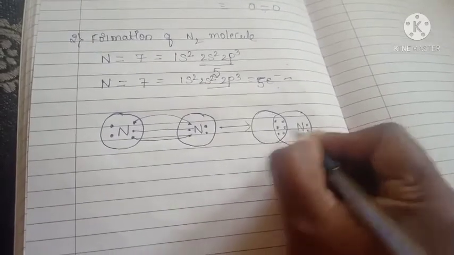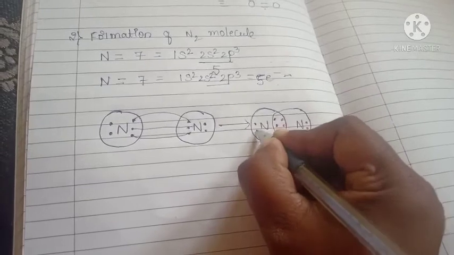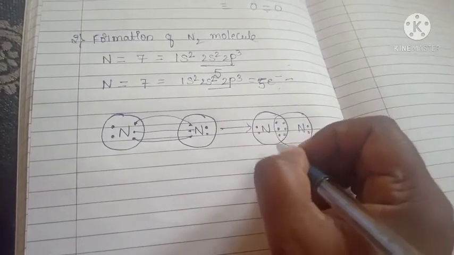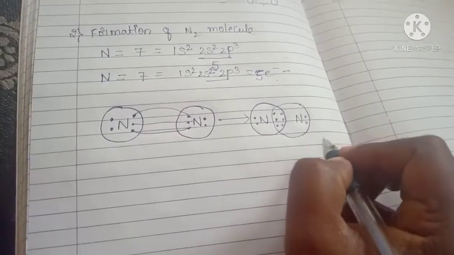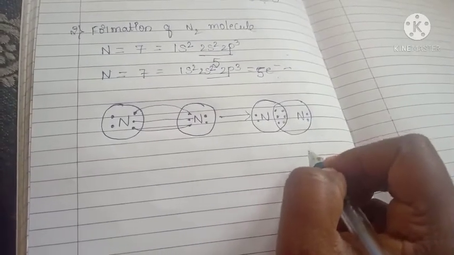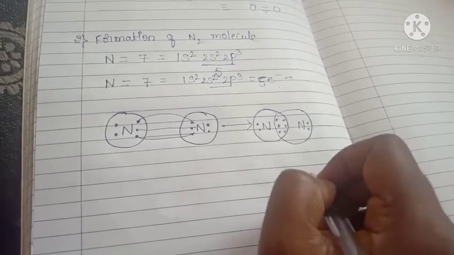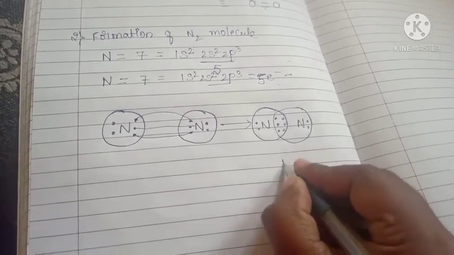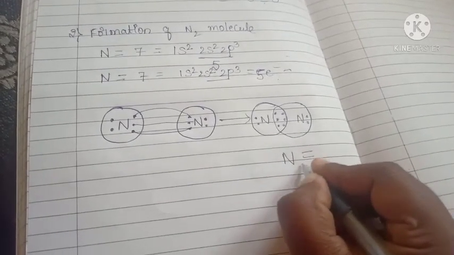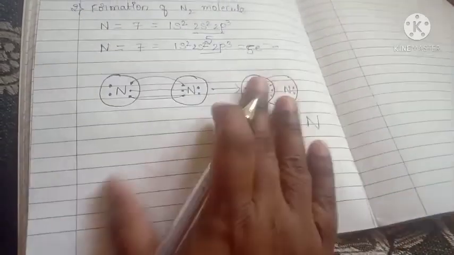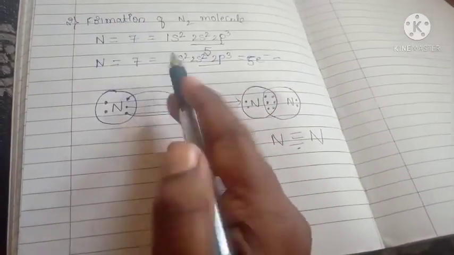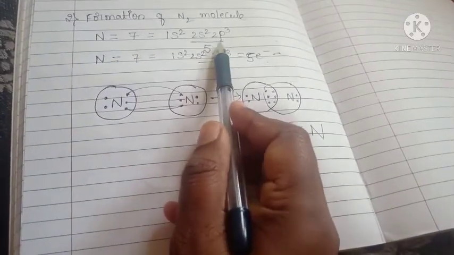They also get an octet configuration, and it forms a triple bond between nitrogen atoms. You have to know how the nitrogen molecule forms.